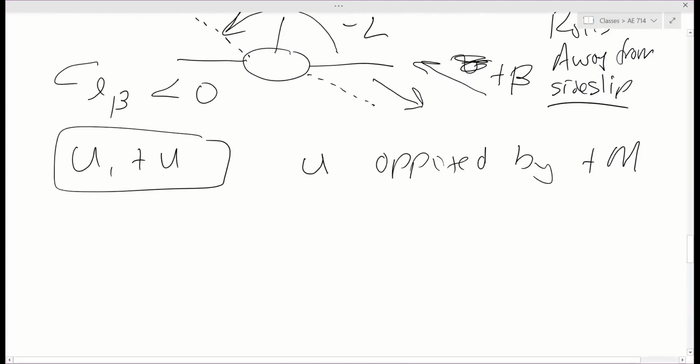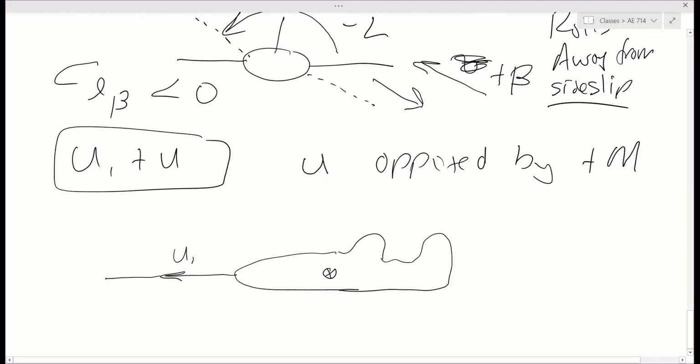And it's because if you have an airplane and it's flying along straight and level, and it starts to go faster. So we have the forward velocity, and then we have some extra forward velocity.